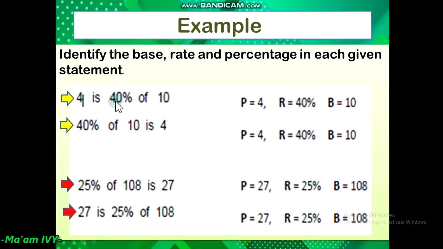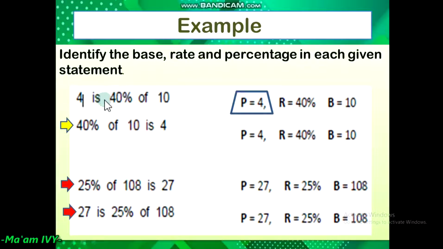Remember, our percentage is a part of whole. So which is the part of whole? First we are going to identify the percentage. Percentage is 4. So P equals 4.